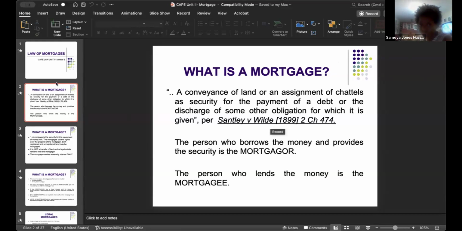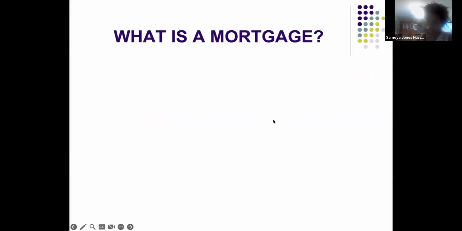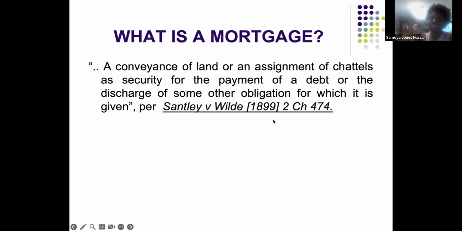So, what is a mortgage? A mortgage is a conveyance of land or an assignment of chattels as security for the payment of a debt or the discharge of some other obligation for which it is given.